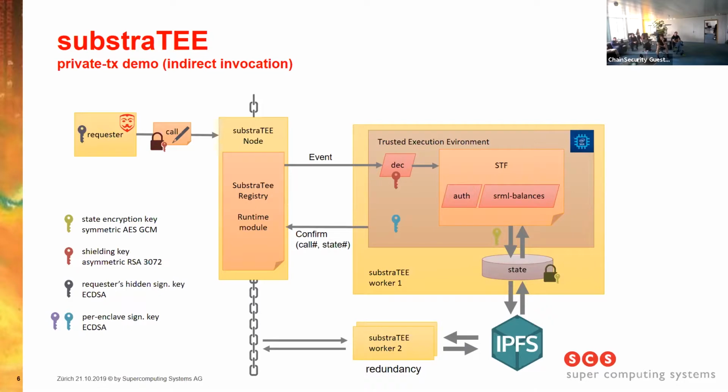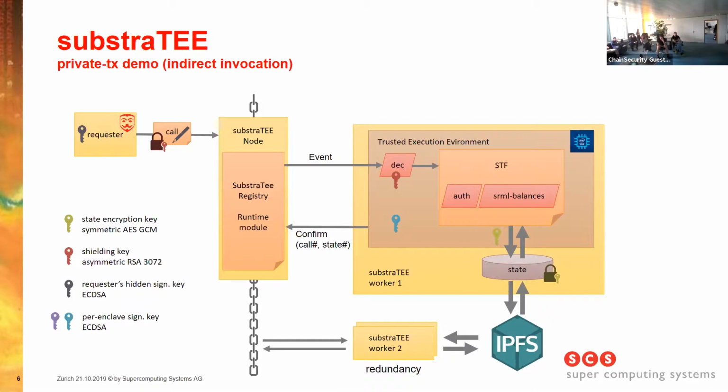And of course we need some state, and we don't use on-chain state. So we have our own state, which is encrypted with SGX functionality. And so the whole state, all the current balances and all the state updates, are hidden.